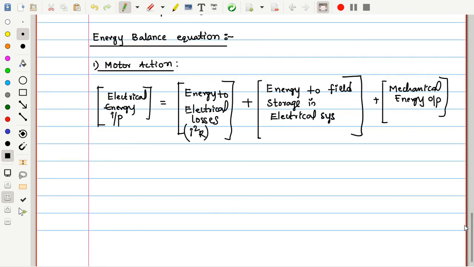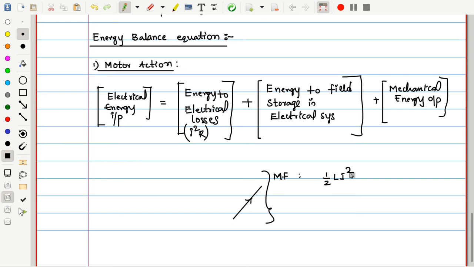When a magnetic field is established, MF means magnetic field, it is established by increasing the current. If I increase the current through a conductor, in that coil, just imagine an inductor. When flux is established, it stores energy. That stored energy for an inductor is equal to half L i squared.